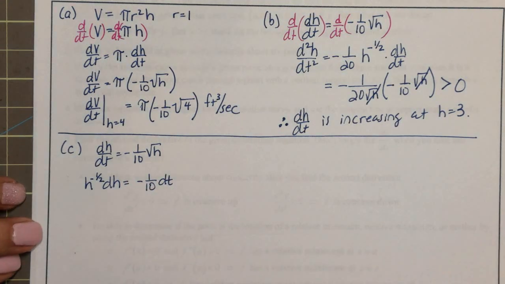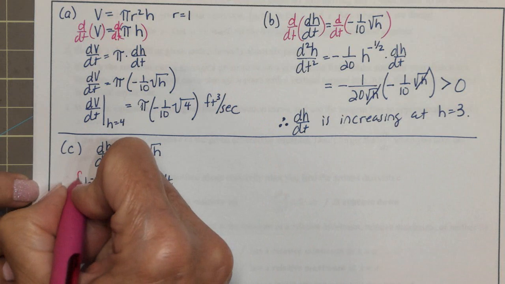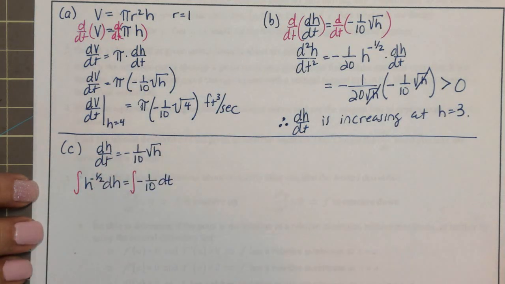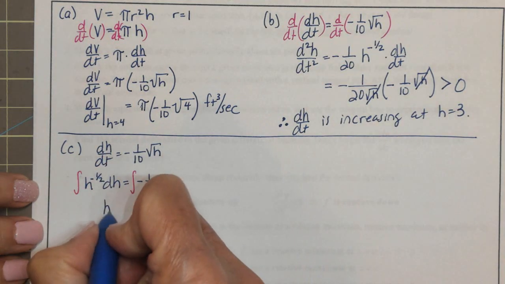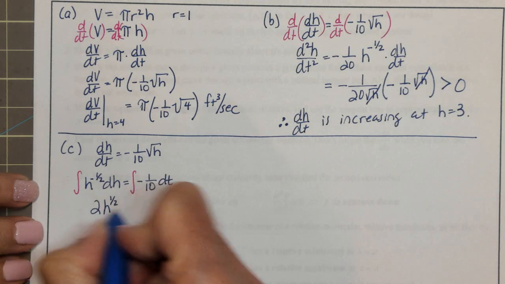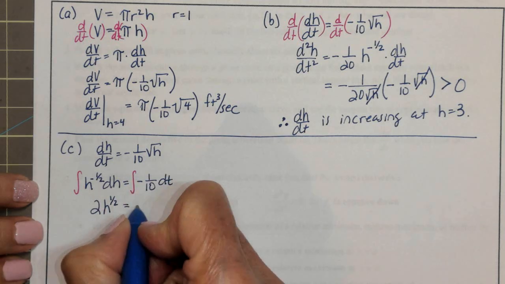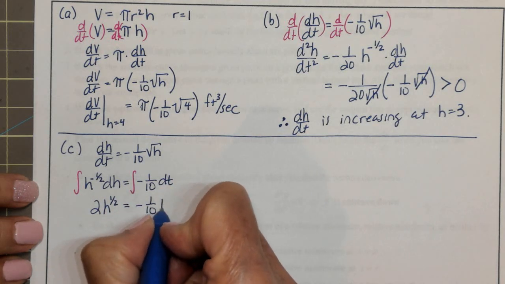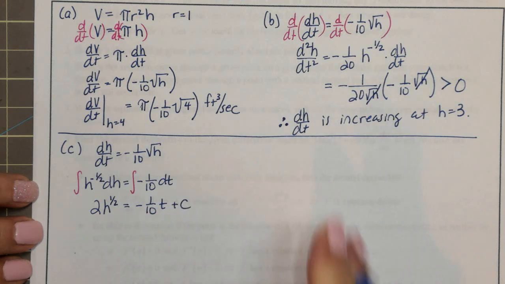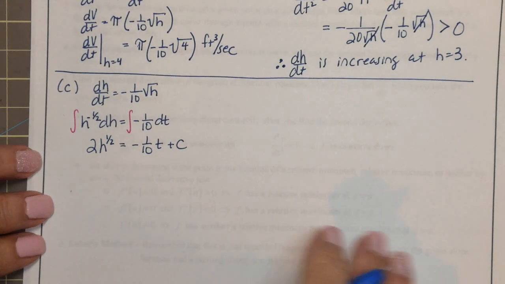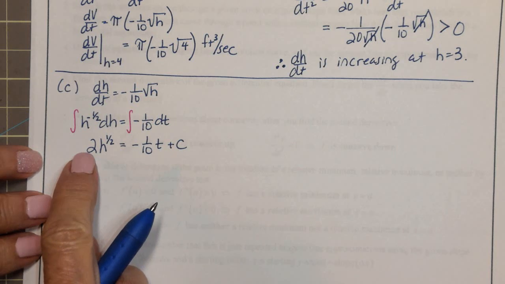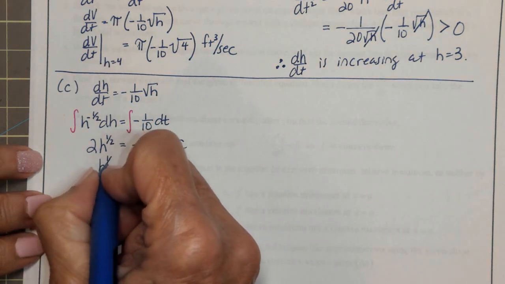Like that. I have separated. Now I integrate. Add 1 to the power, divide by new power. Negative 1/10 t plus C. I'm going to multiply both sides by 1/2.